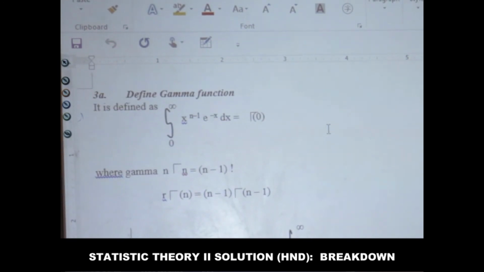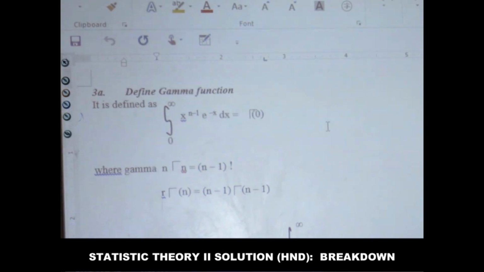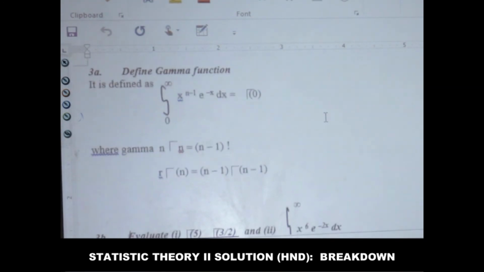Now we have question 3, which says we should define the gamma function. Now you can define the gamma function by writing the parameters or the formula needed for it.